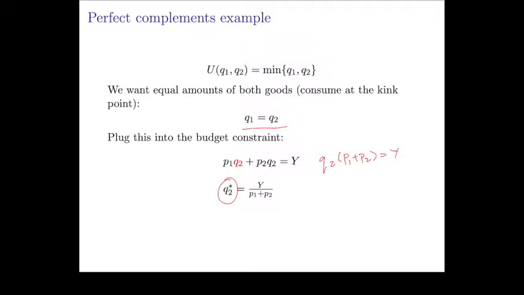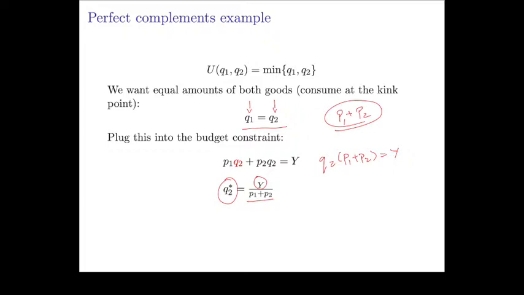Well, if the price of the first component is P1 and the price of the second component is P2, the price of the unit altogether, 1 unit of each, is going to be P1 plus P2. So if you have Y dollars as your income, how much of the composite good can you buy? Well, you can buy Y divided by the price of the composite good, which is P1 plus P2.